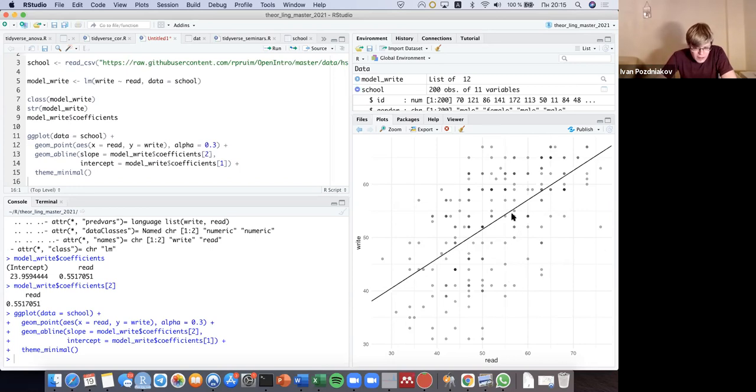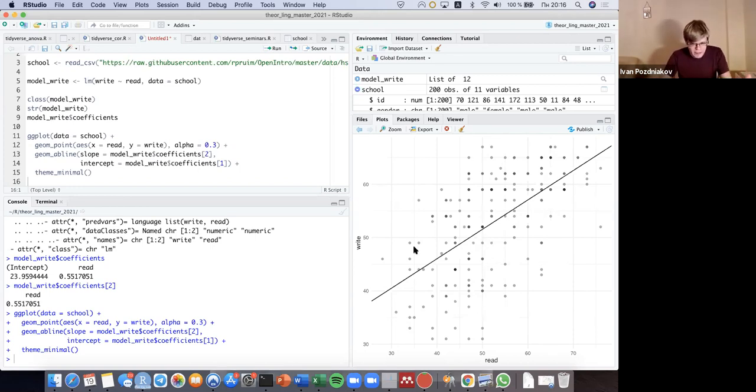Yeah, and when you talk about these errors, these residuals in your data, you need to understand that there are two sources of this non-explained variability. Something that we can really explain with our data, with variables that we have, and something that we cannot explain.